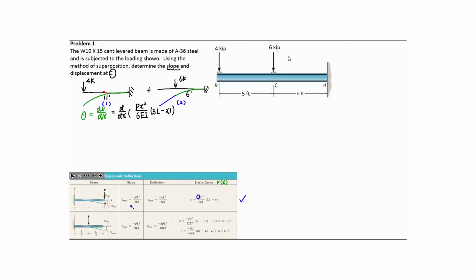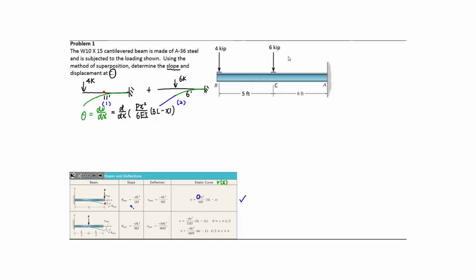You can see that for these two structures, all the deflection is going down and the rotation is all counterclockwise. That's why I don't like to put any sign here, because they are in the same direction. We just need to add them together. Sometimes adding signs will make you confused, so I'm not going to do that.